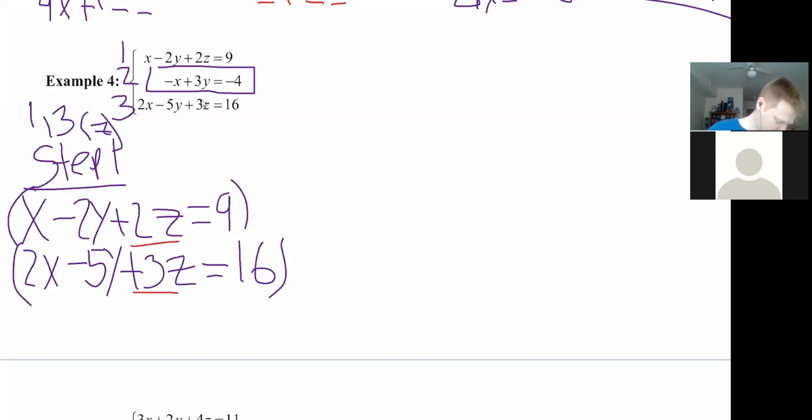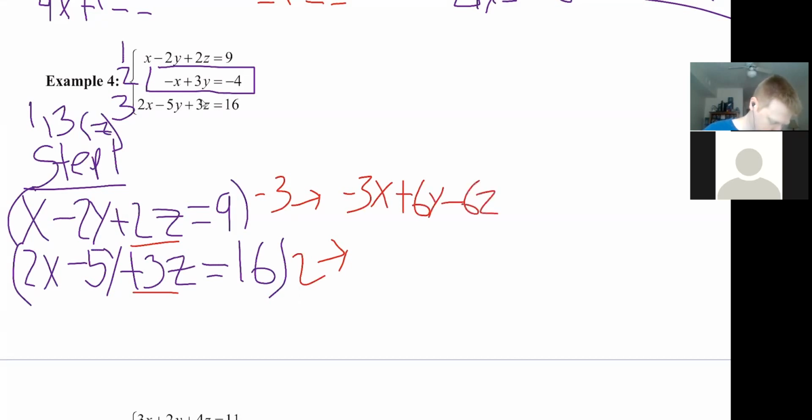To make the top the opposite of the bottom, I can multiply it by -3. To make the bottom equation the opposite, I can multiply by 2. I want to do one of them negative, one of them positive, because I want to switch the signs, because right now they're both positives. If I do this, my new top equation would be -3x plus 6y minus 6z equals -27.